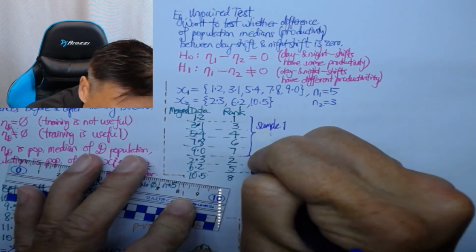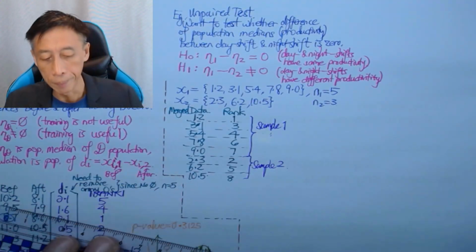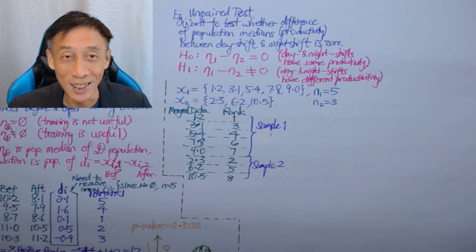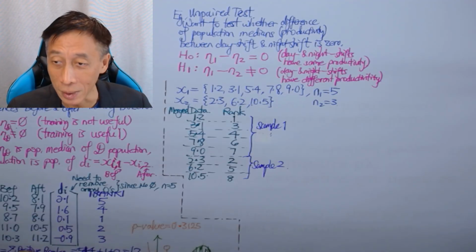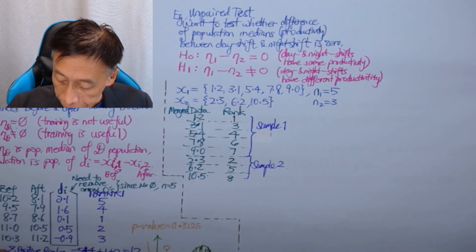And these are data from sample 2. Then we will produce 2 rankings, a bit like the W plus, W minus that we saw earlier on. We will then combine them.